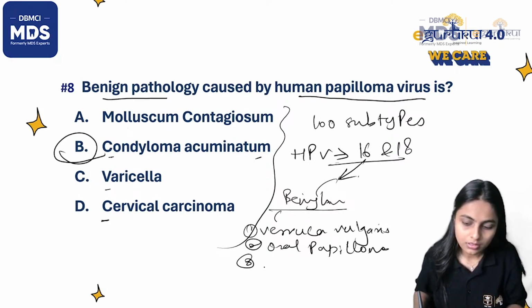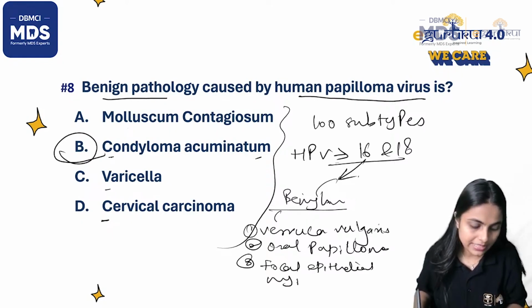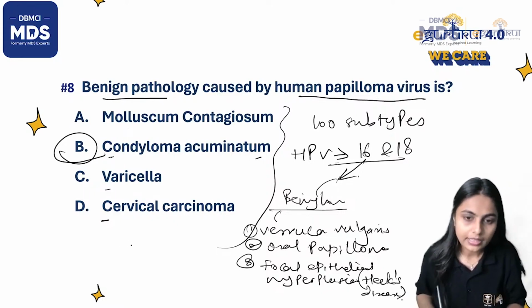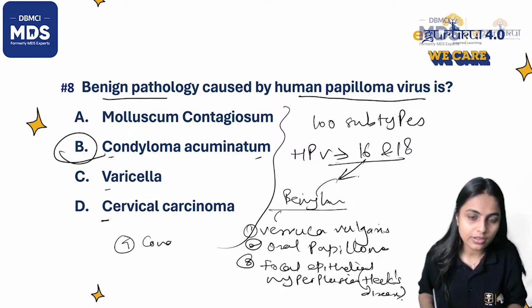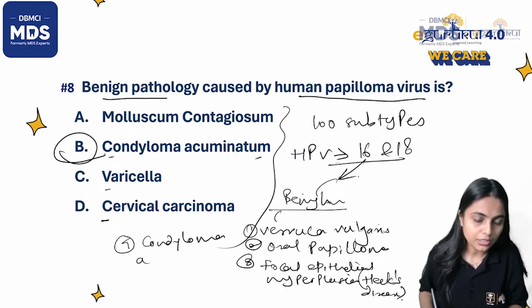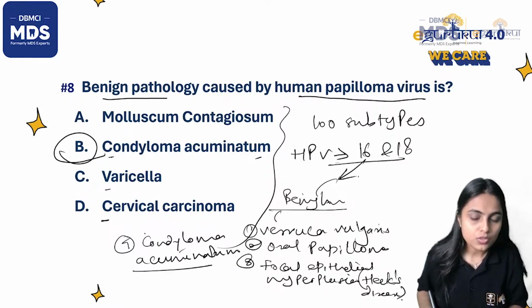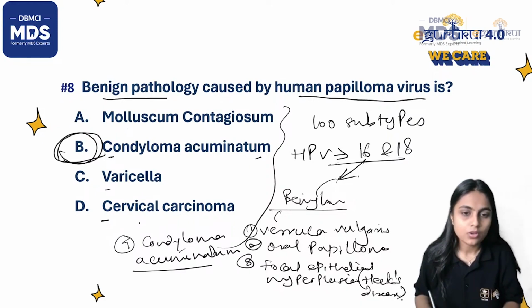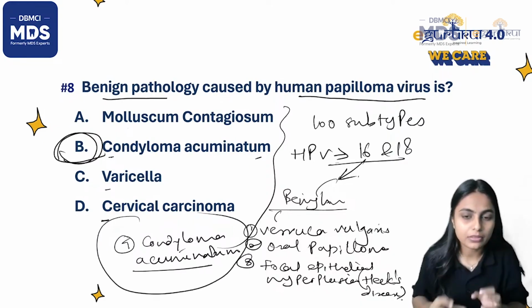Third, focal epithelial hyperplasia, which is also called Heck's disease. And the fourth one we have is condyloma acuminatum. So our answer for this question should be option B. Condyloma acuminatum is a benign pathology.